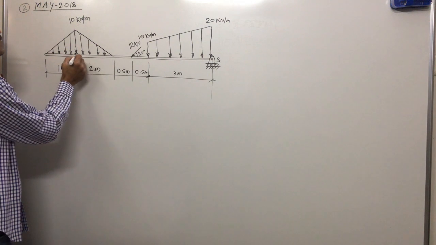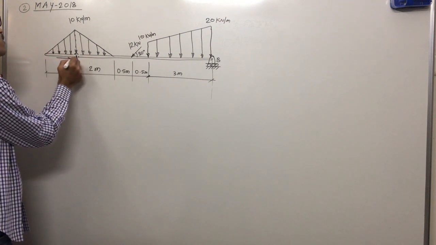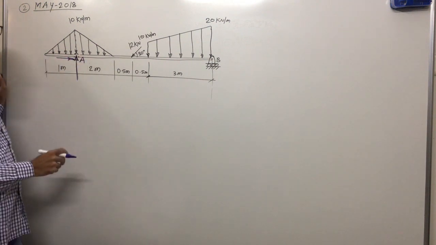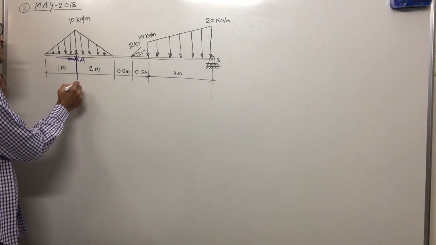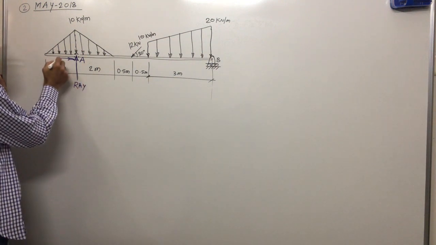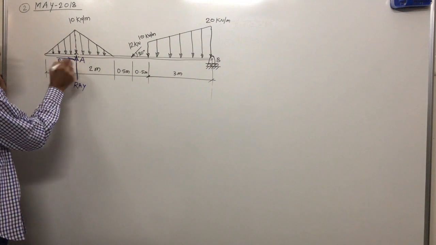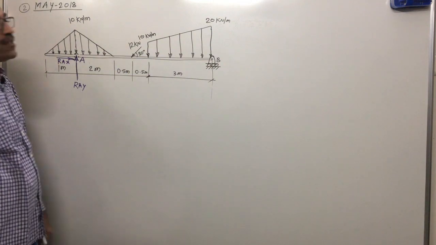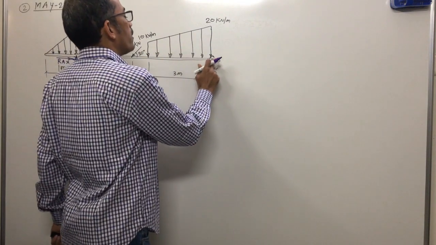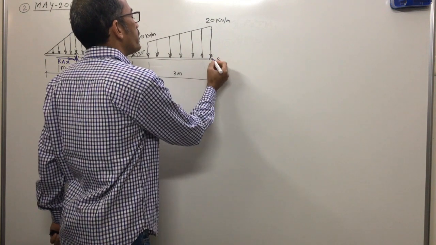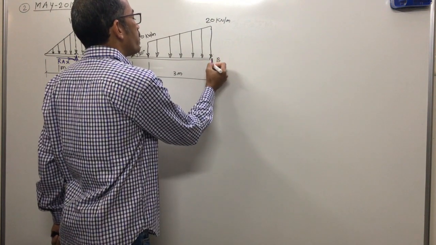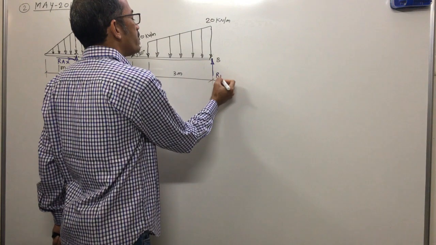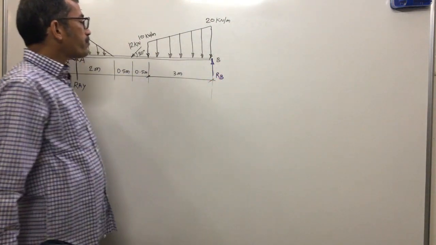One is the vertical component, the other is the horizontal component. Support is A, so this is RAY and this is RAX. At the roller support, what will we get? Only one reaction, perpendicular to the contact surface. That means this is RB. Clear?